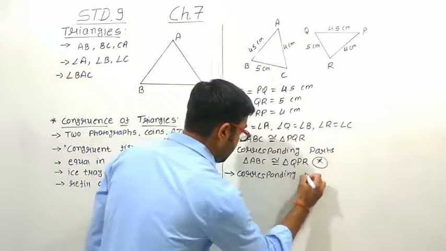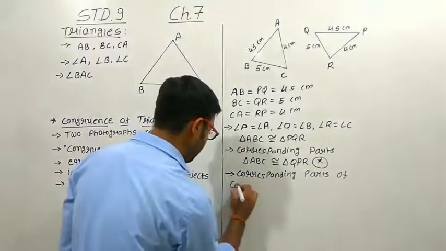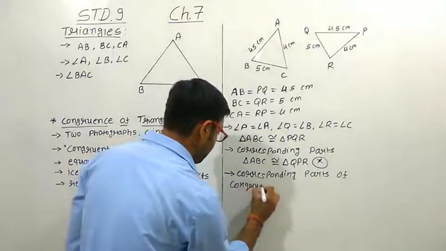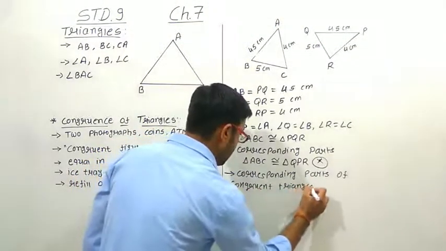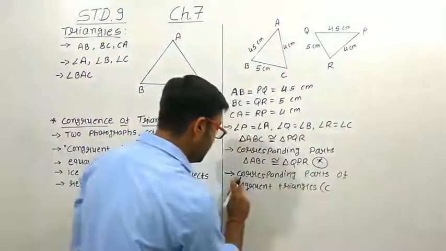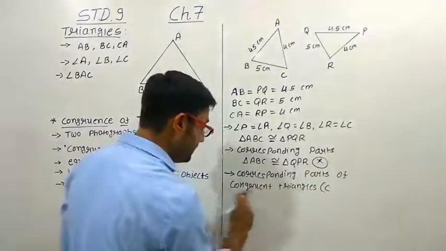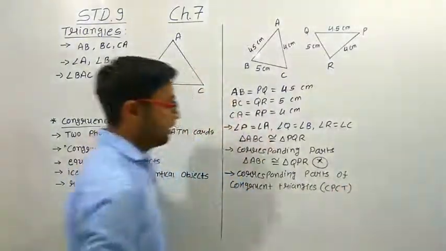Corresponding parts of congruent triangles, and in short we write it as CPCT.